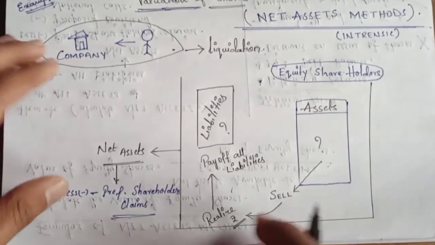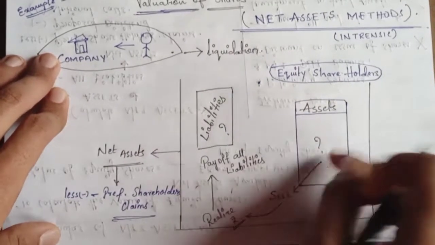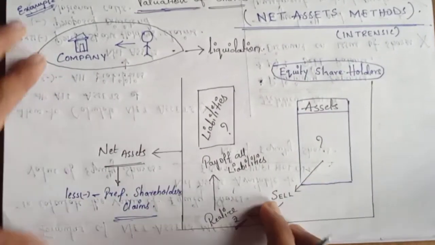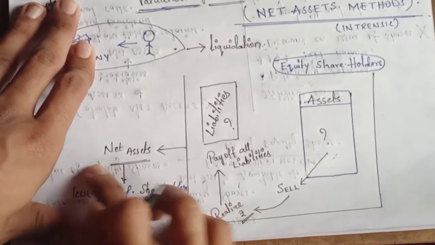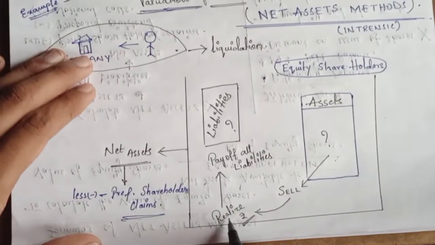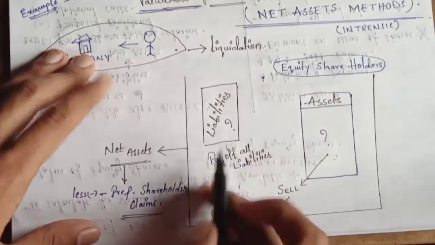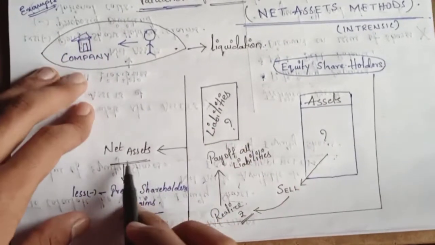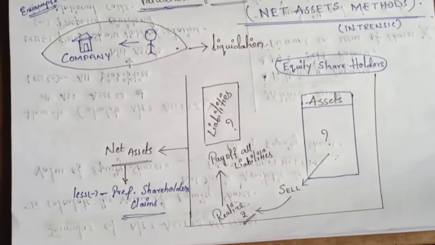So after deducting the outsider liabilities from the realized value of the assets, whatever is left is called the net assets of the company, right?